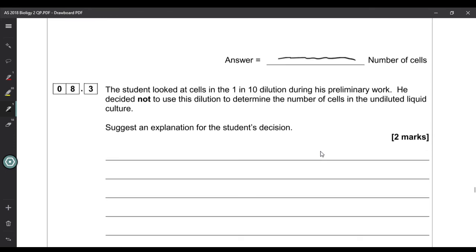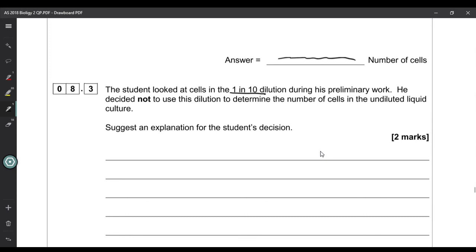So now we've got a student who looked at cells in the 1 in 10 dilution during his preliminary work. He decided not to use the dilution to determine the number of cells in the undiluted liquid culture. So what he did was he did the 1 in 10, found out that he wasn't able to use this, so then used the 1 in 1,000.